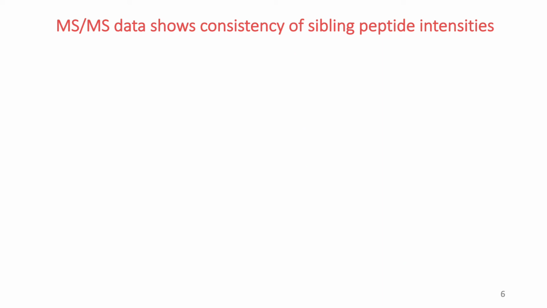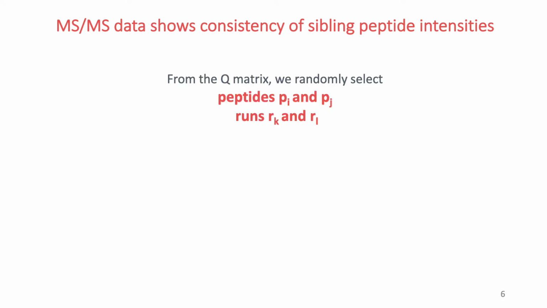Our goal is to investigate the consistency of intensities of sibling peptides across multiple runs. So for this, we randomly select from our Q matrix a pair of unique peptides P_i and P_j, and a random pair of runs R_k and R_l.